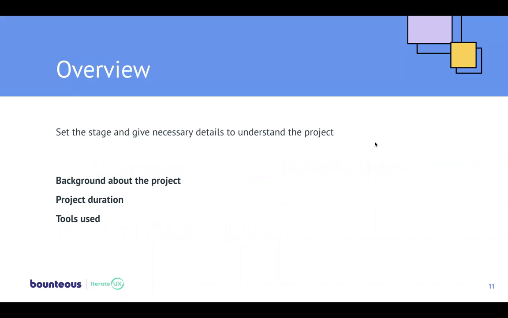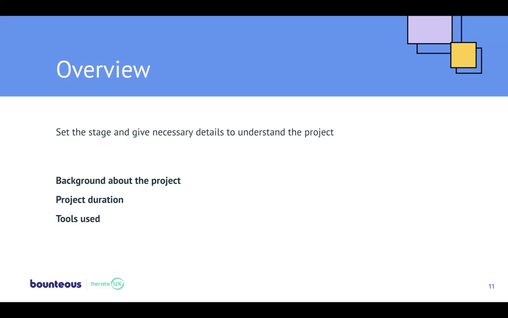Moving on to the overview or the introduction. So introduction is nothing but setting a stage or giving a summary of whatever you've achieved in the project. Overview can also include your problem statement, it can include the project, and it can also include the company, why you've taken up this project, or what made you go in that particular direction.